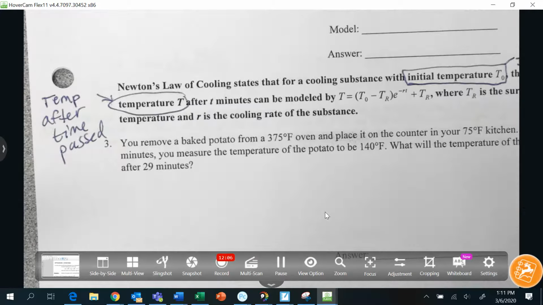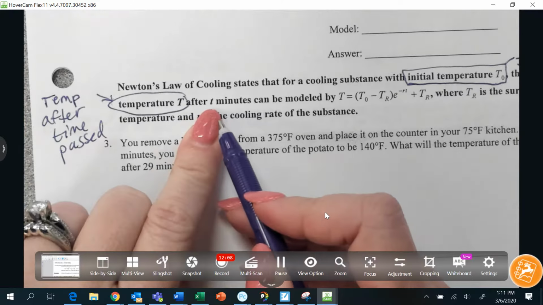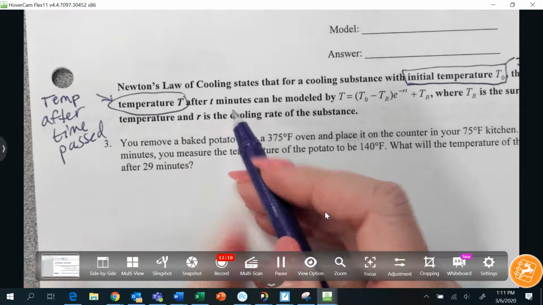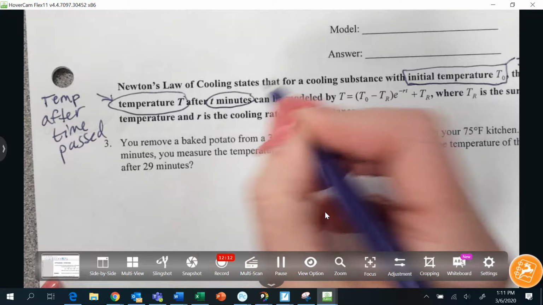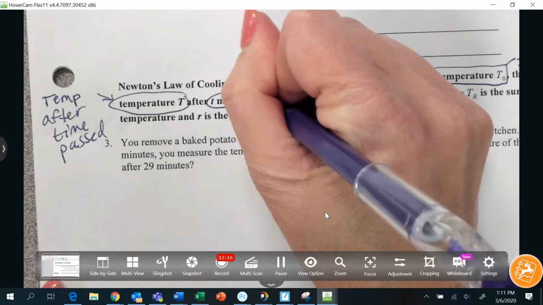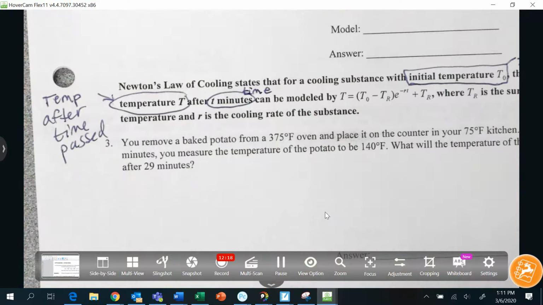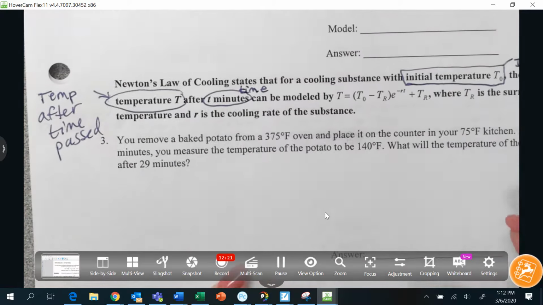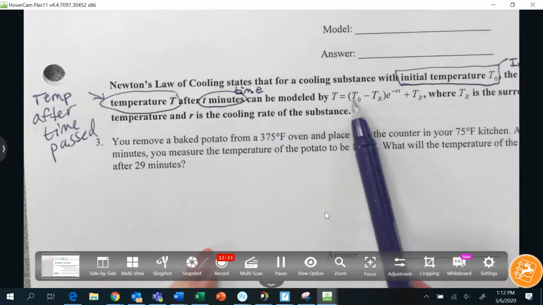Speaking of time, lowercase t is time. In this case it says minutes. And then there's one more T, which we have to go past the formula to see.